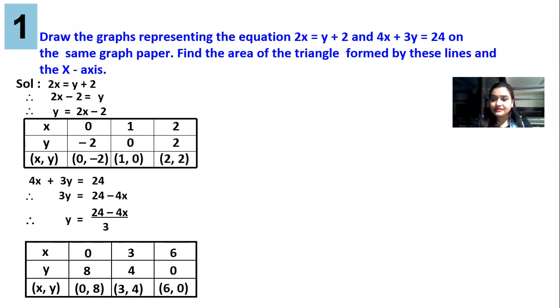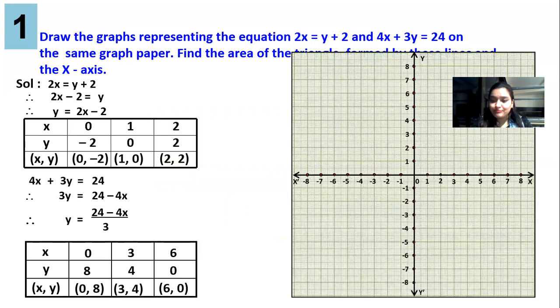This is the table. Now you have to draw the graph. You will take a graph paper. The green part is called the Cartesian plane. You will mention x, x dash, y, y dash. Towards the x, it will be positive numbers. X dash will contain negative numbers.